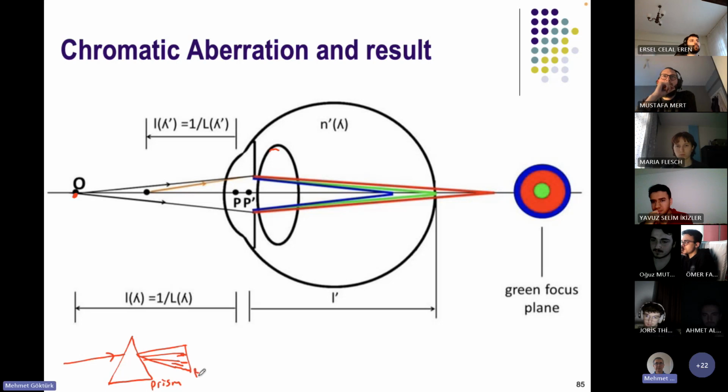Blue is more refracted, and red is refracted less. You understand?